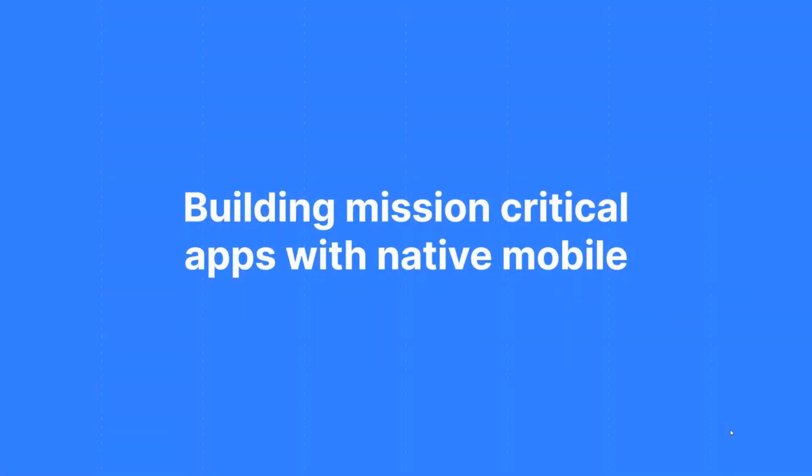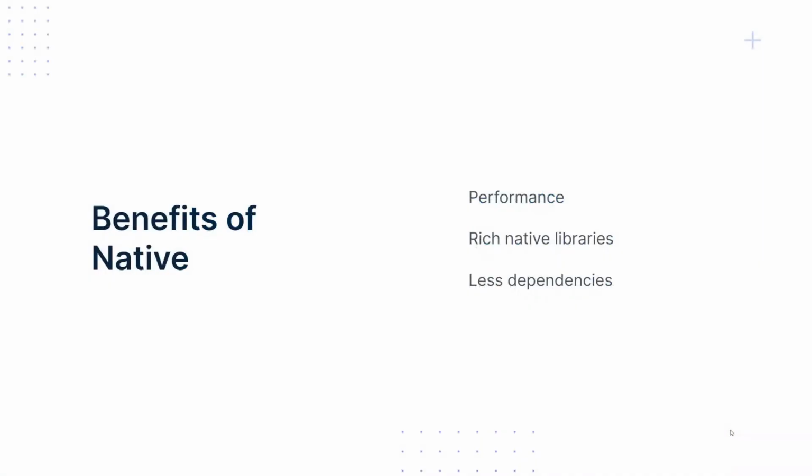All right, so we are talking about the benefits and challenges of building native mobile apps, your mission critical applications, and why we build with native. A little bit of this is just a brief recap of why native is so great. Of course, the benefits of using iOS and Android native technologies are plentiful. First, you have performance benefits.